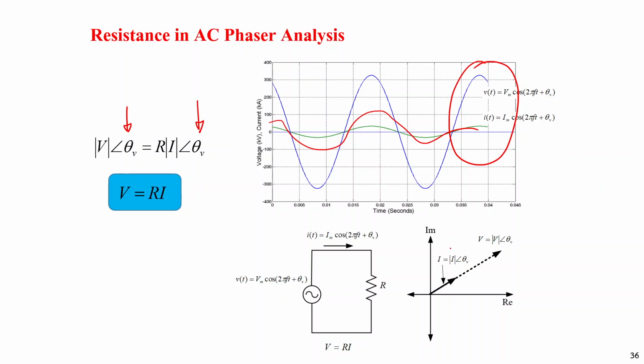If we draw the phasor of voltage, we will have the phasor of current in the same direction, okay? So we can use this formula to calculate a resistive load for an AC circuit, but V and I are in phasor form.